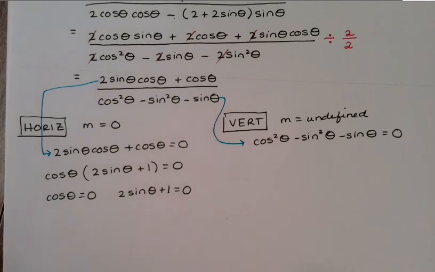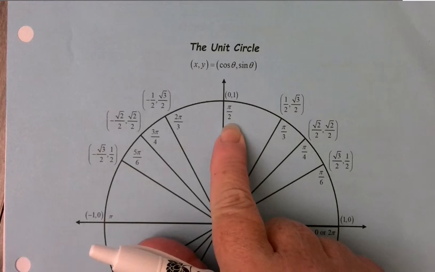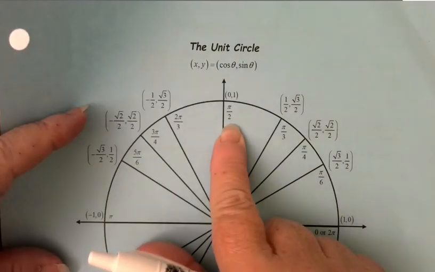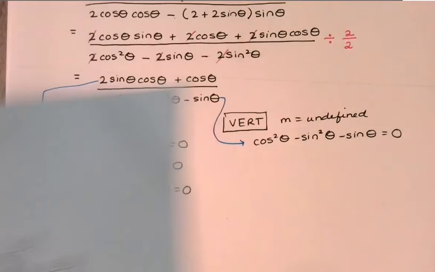See, cosine of theta equals 0, and I'm only going to go from 0 to 2 pi here, because I know that this whole graph gets swept out from 0 to 2 pi. So on the interval from 0 to 2 pi, cos theta equals 0 here at pi halves, and again here at 3 pi halves.